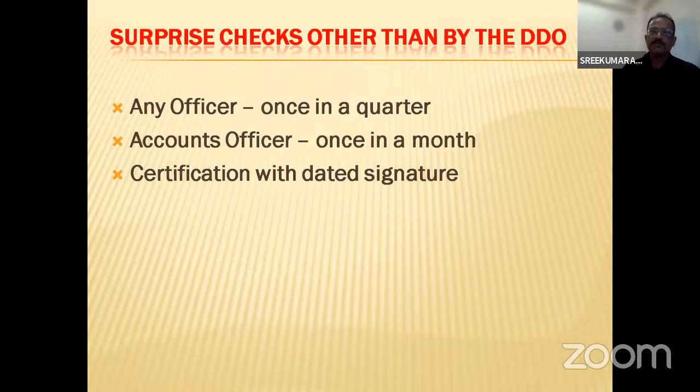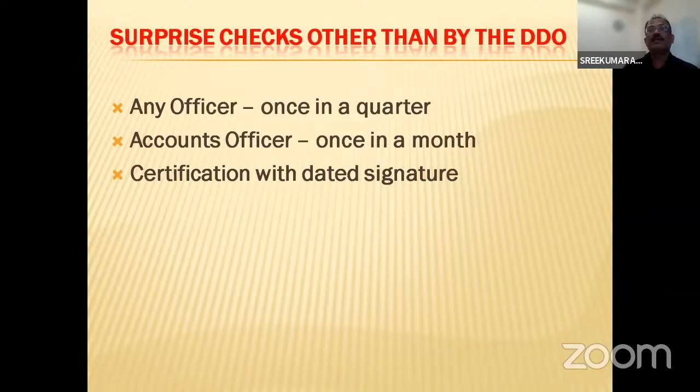He will come to the cashier, see the closing balance, and also physically check the cash available in the cash chest and certify. He also has to give the same certificate which the DDO gives: certified that the cash noted in the cash book tallies with the cash available in the cash chest.